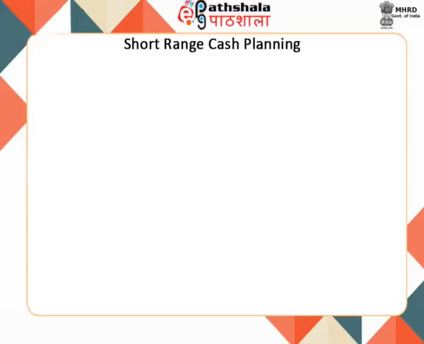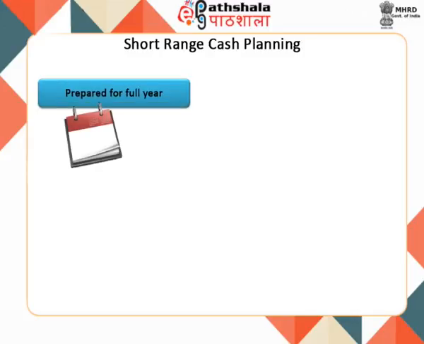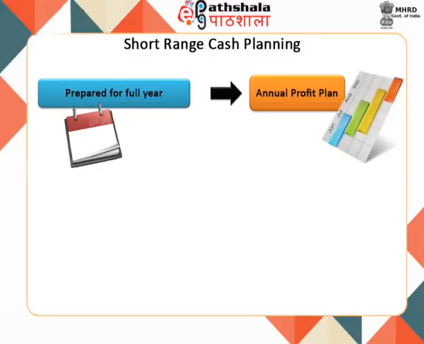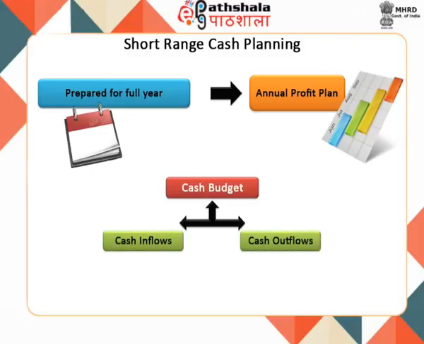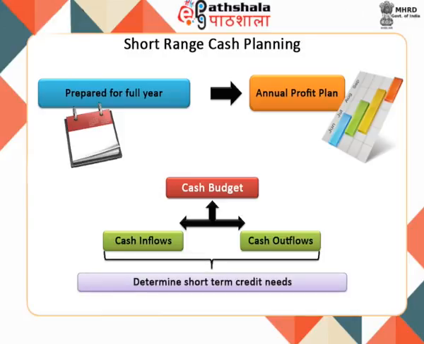Short range cash planning. Here, the cash budget is prepared for the full year and corresponds with the annual profit plan. It indicates cash inflows and outflows as generated by the annual profit plan. It helps in determining short term credit needs.